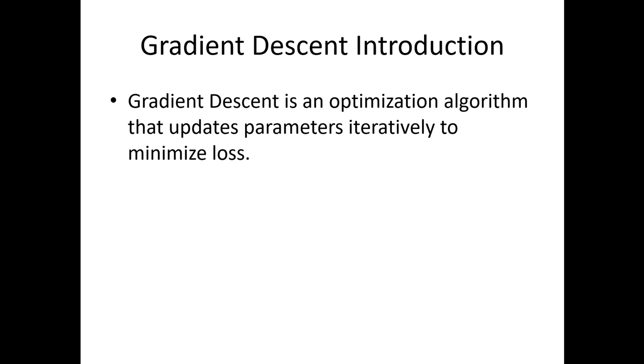After every iteration, the algorithm looks at the direction in which the loss function decreases and it moves in that direction until it finds a minimum point, the point where the loss is smallest. This process of gradually moving toward the minimum is called gradient descent.